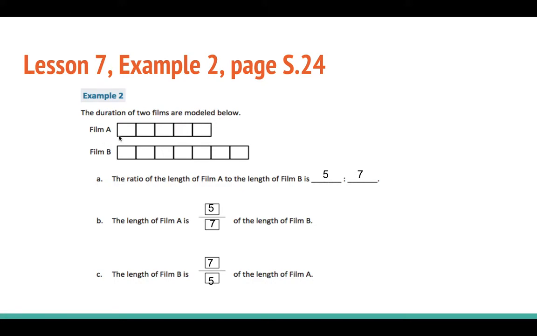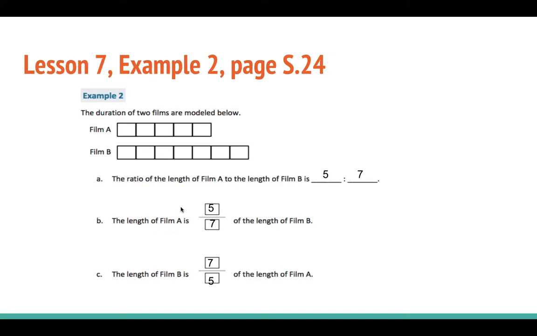We have film A, 1, 2, 3, 4, 5 boxes, and film B is 1, 2, 3, 4, 5, 6, 7. The ratio of the length of film A to the length of film B is 5 to 7 because we have 5 boxes here and 7 boxes down below. And we were told that it's film A to film B.